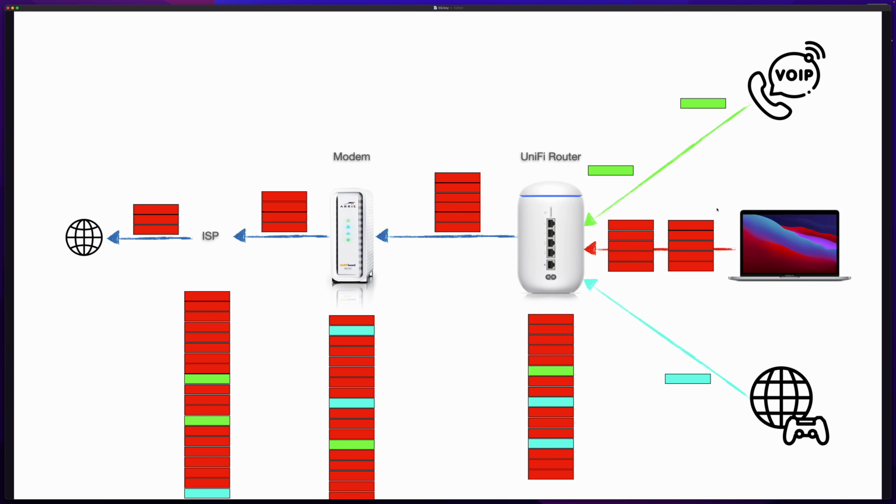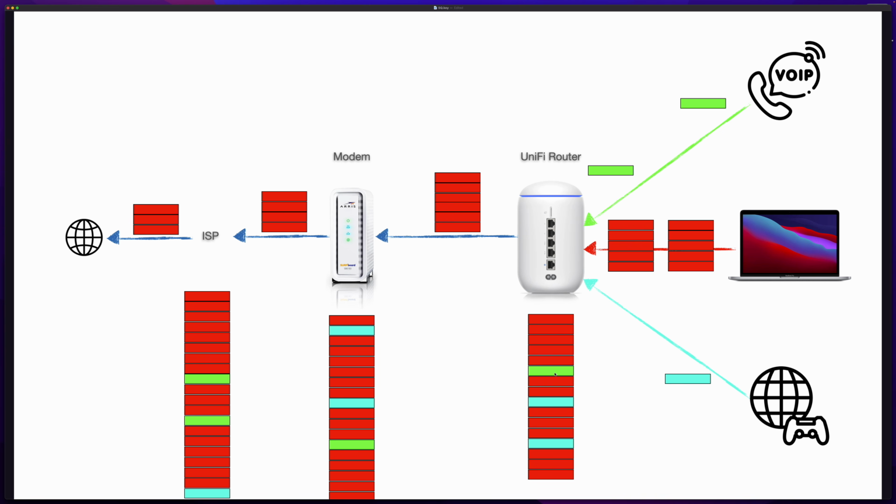If at the same time you have other internet applications, let's say you are having Zoom meeting or Skype calls, or you are playing some internet games, those type of applications, they may not use a lot of internet bandwidth, but they require very fast response time. And because there are a lot of packets from the uploading application which are already queued up, by default, those queues are first in, first out.